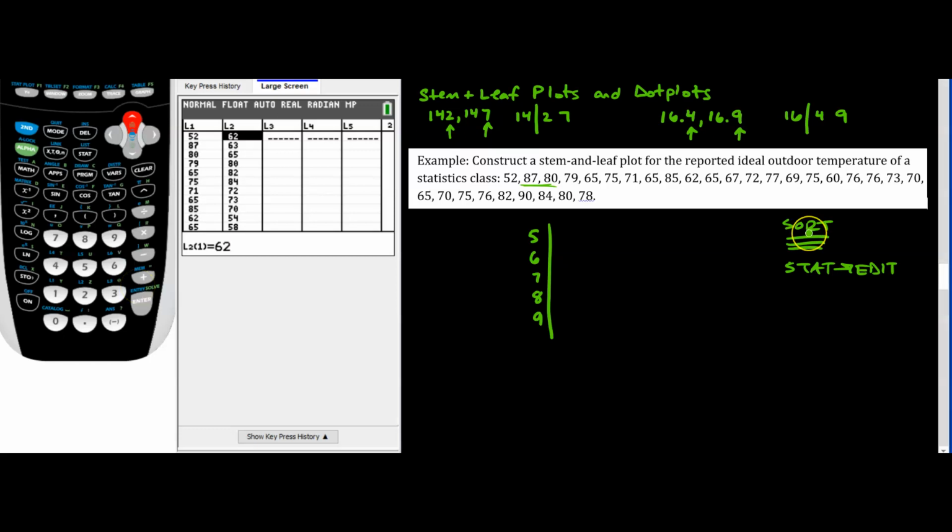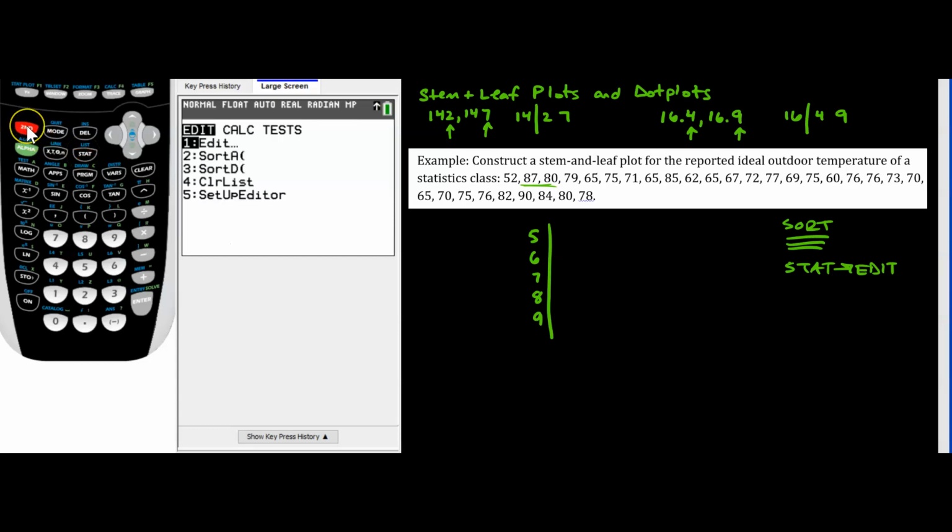If I want to sort that, I'm going to go back to the Stat button. When I press Stat, I'm going to go down to Sort A. That is sort in ascending order. But then I need to tell the calculator that I want to sort list 1 in ascending order.